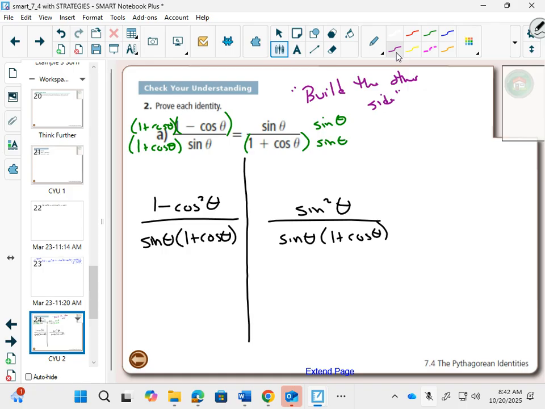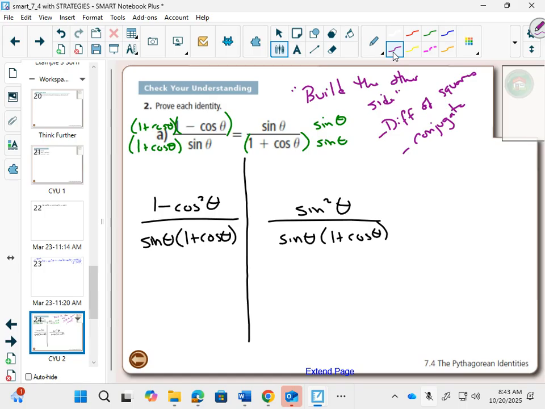So now, the reason that on the list that you wrote out the other day, I had difference of squares mentioned, I had the word conjugate mentioned, is because all of your Pythagorean identities can be rearranged to make differences of squares.